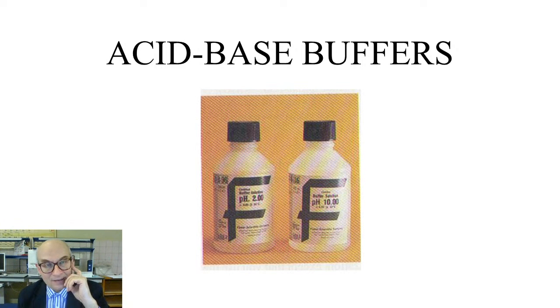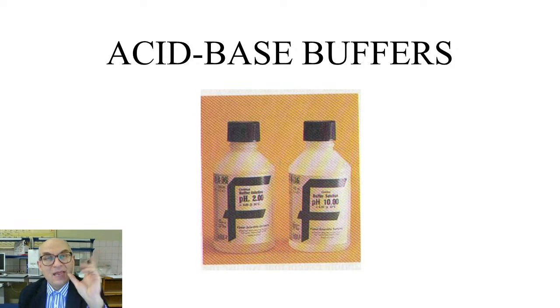If I add 1 milliliter of concentrated hydrochloric acid to pure water, which volume is 1 liter, the pH change will be about 5 units, it means from 7 to 2 approximately.